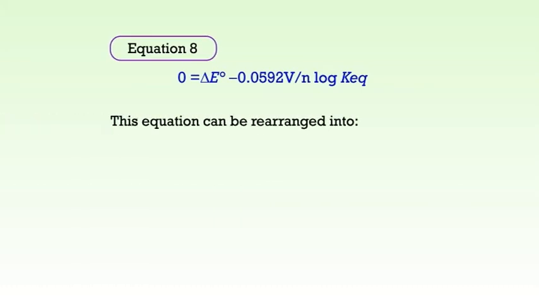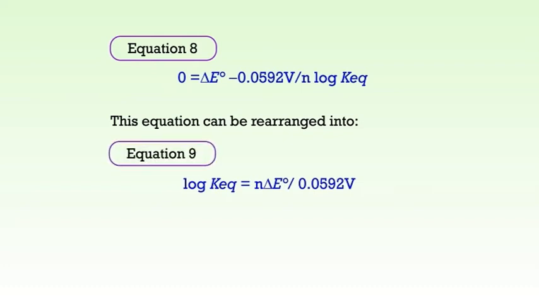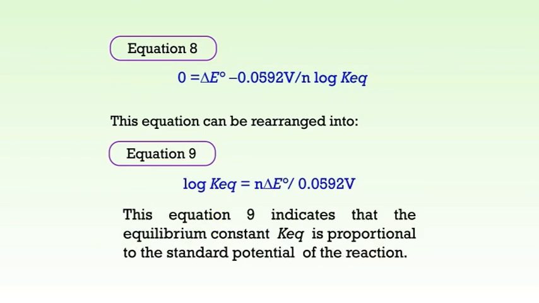So this equation can be rearranged into log Keq equals nΔE naught by 0.0592 volts. So this equation indicates that equilibrium constant Keq is proportional to the standard potential of the reaction.